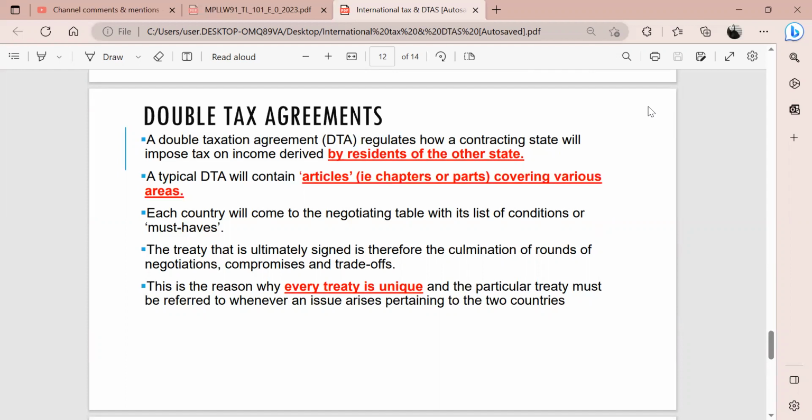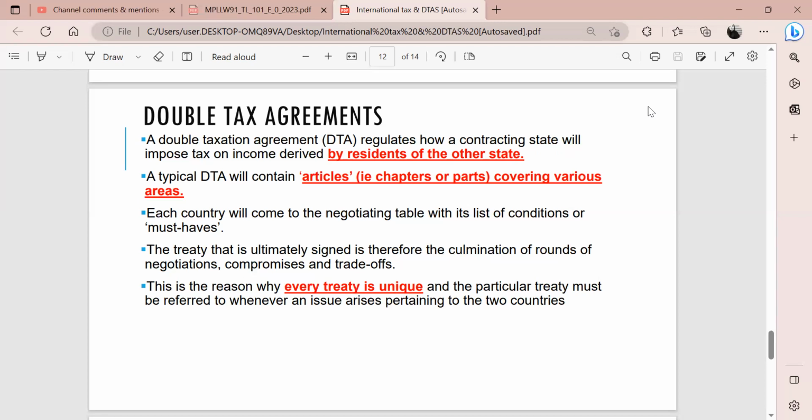A double taxation agreement regulates how a contracting state will impose tax on income derived by residents of the other state. A typical double tax agreement will contain articles or chapters or parts covering various areas.